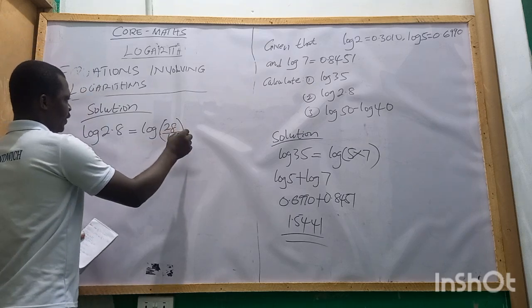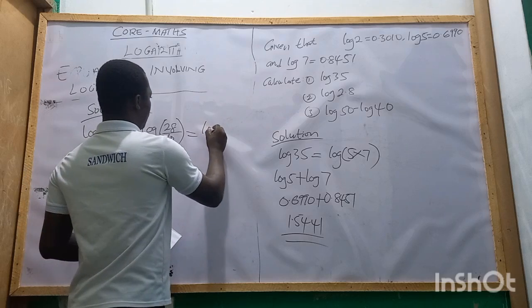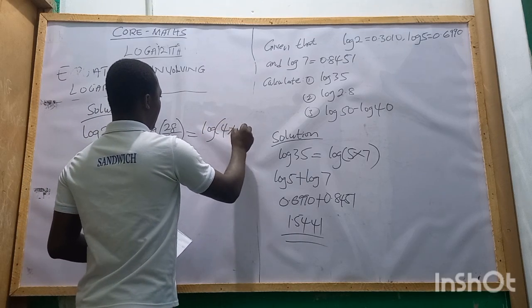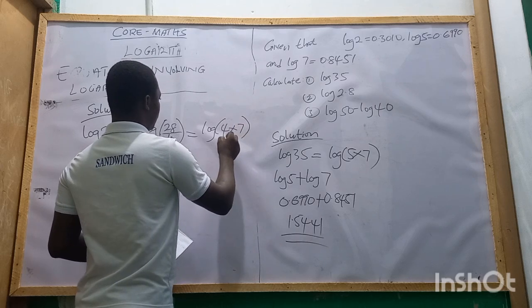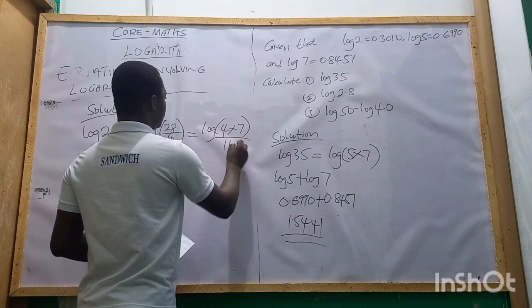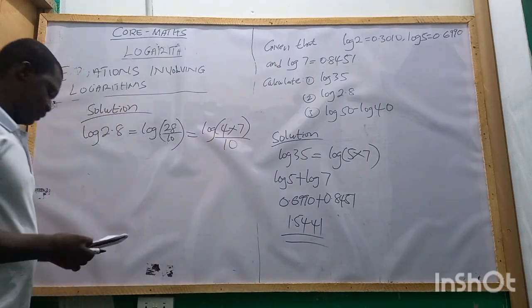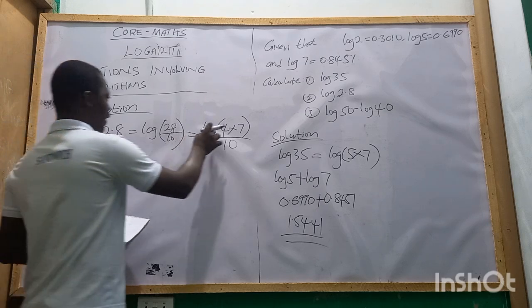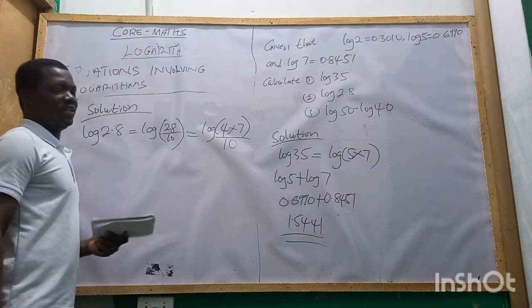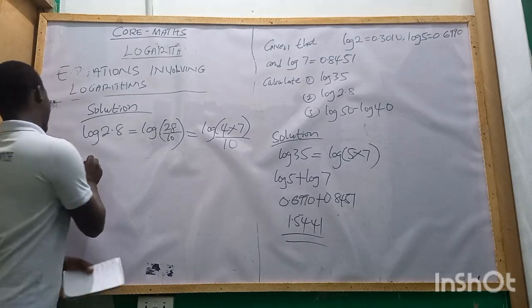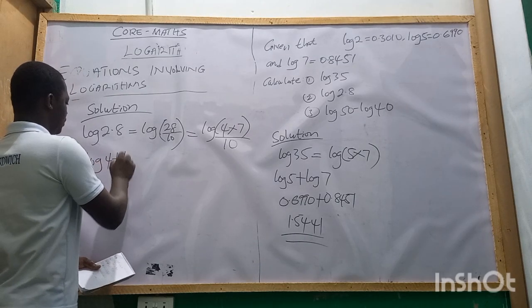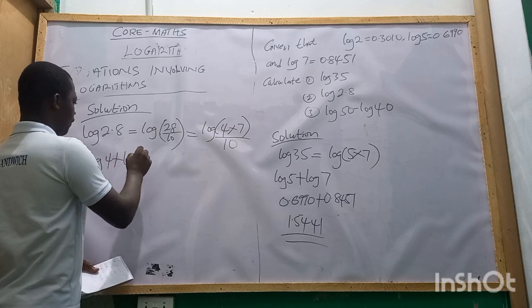So this can be written as log of 4 times 7 all over 10. Then I know that by the laws of log, when they are multiplying, you add them. So I have log of 4 plus log of 7.